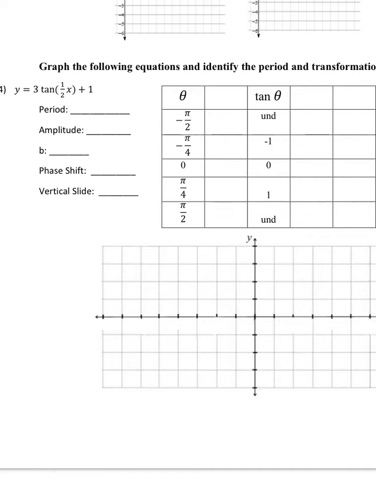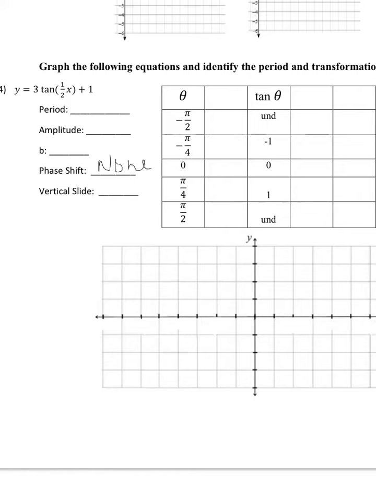If you'll notice that on this tangent equation, we don't have any phase shift. If you look right here, you'll see that there's nothing happening after the x. So there's no horizontal shift left or right on this graph. So because of that, there's no phase shift. So over here, we're going to put none.